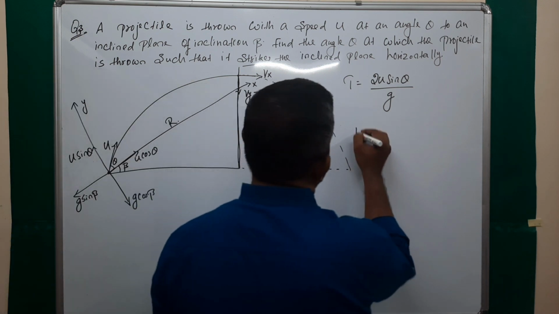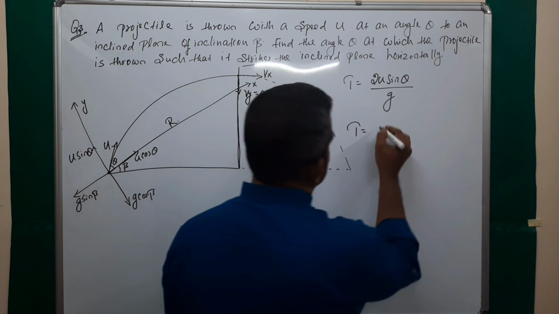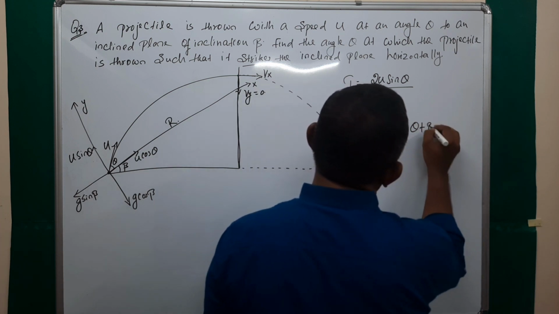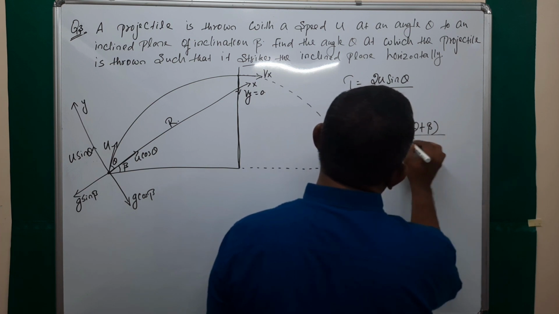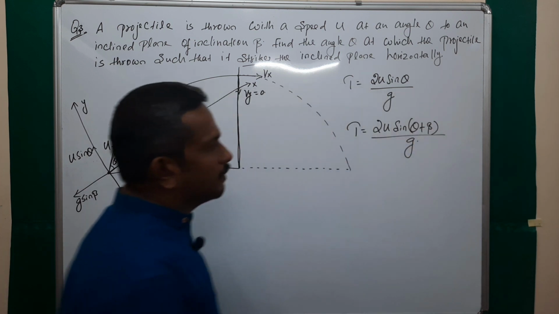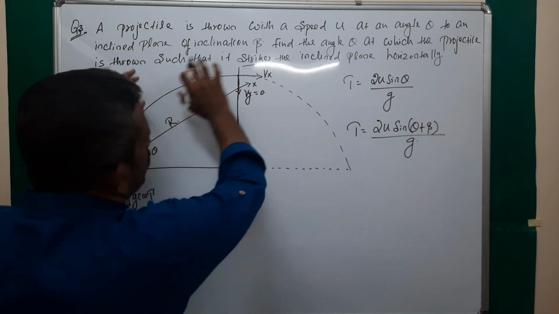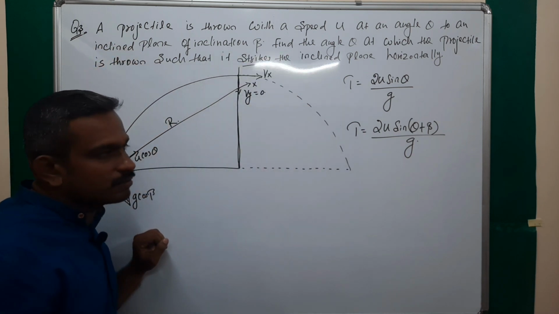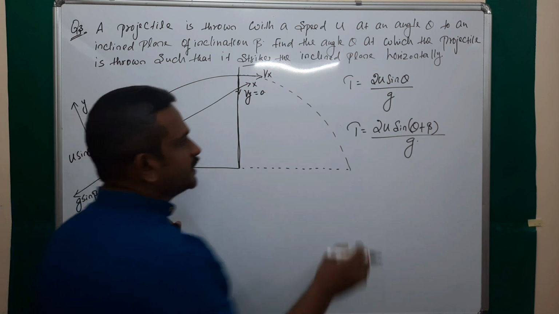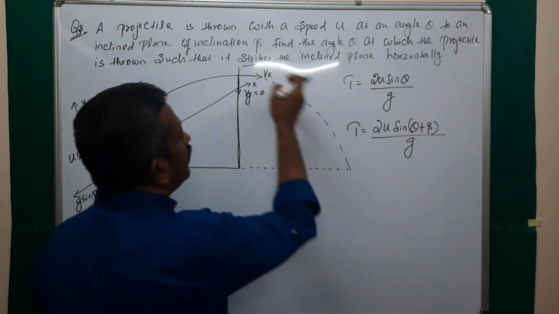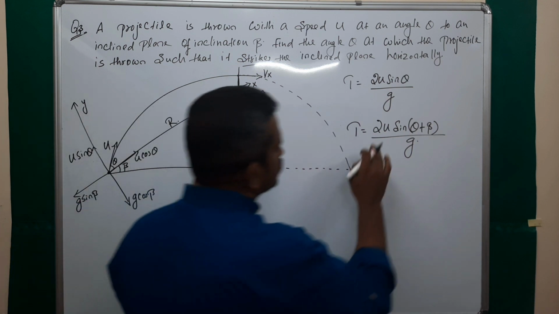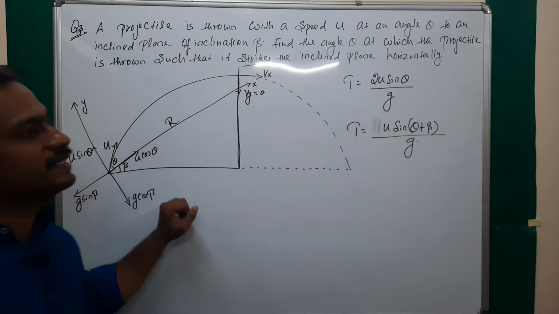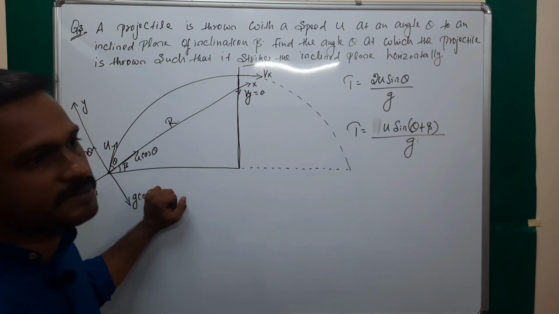So t is equal to 2u sin(theta plus beta) divided by g. This is the total time taken by the projectile to reach the ground. So what is the half time? That is the time for reaching the maximum height, t is equal to u sin(theta plus beta) divided by g.